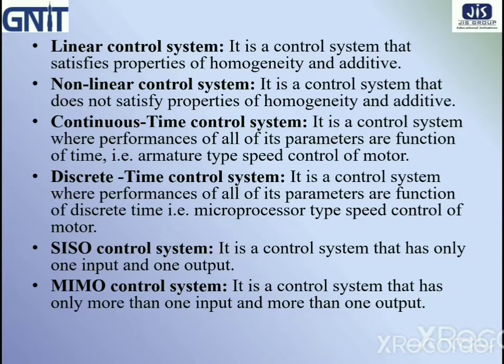Suppose for input x1(t) the output is y1(t), and for input x2(t) the output is y2(t), and if we give two inputs at one time, that is x1(t) plus x2(t), then the output will be y1(t) plus y2(t).